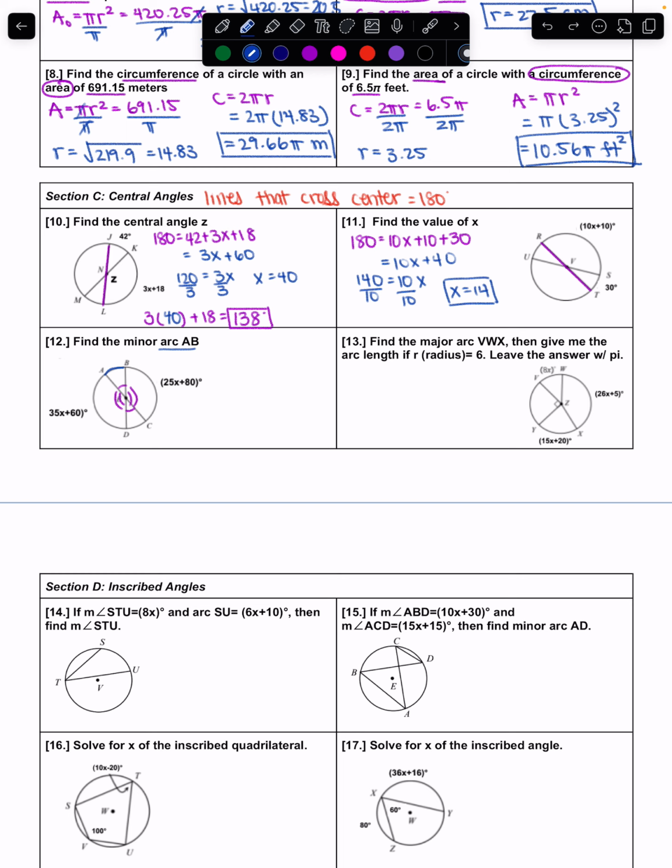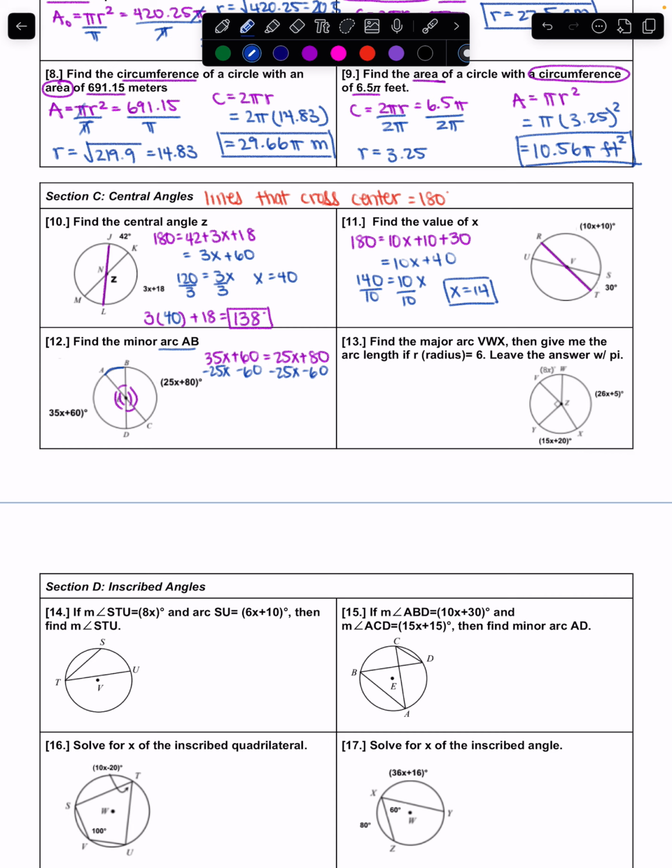So we're just going to set those two equal to each other. Okay. So here we have 35x plus 60 is equal to 25x plus 80. Okay. We're going to move the x's to the left side by subtracting 25x and then subtracting 60 from both sides, so we can move the numbers to the right side.